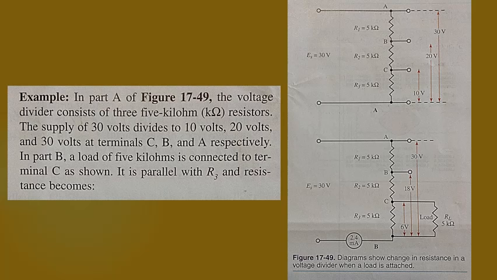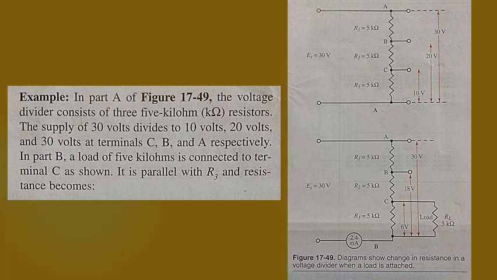Example: in part A in figure 17-49, the voltage divider consists of 5 kilo ohm resistors. The supply of 30 volts divides to 10 volts, 20 volts, and 30 volts at terminals C, B, and A, respectively. In part B, a load of 5 kilo ohms is connected to terminal C as shown.